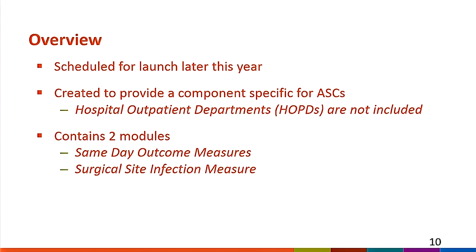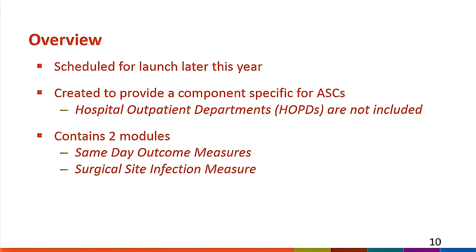OPC is created to allow ASCs to report mandated as well as optional measures by using one reporting system, NHSN. It contains two modules, the same-day outcome measures and the surgical site infection measure.